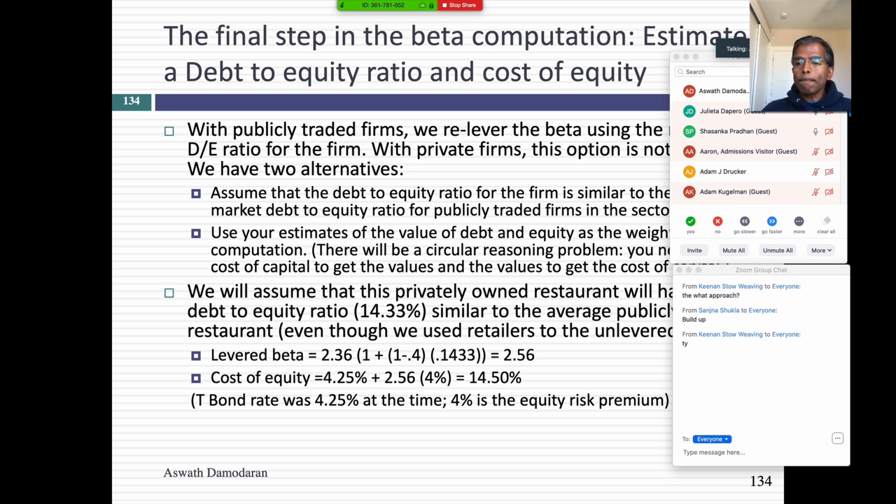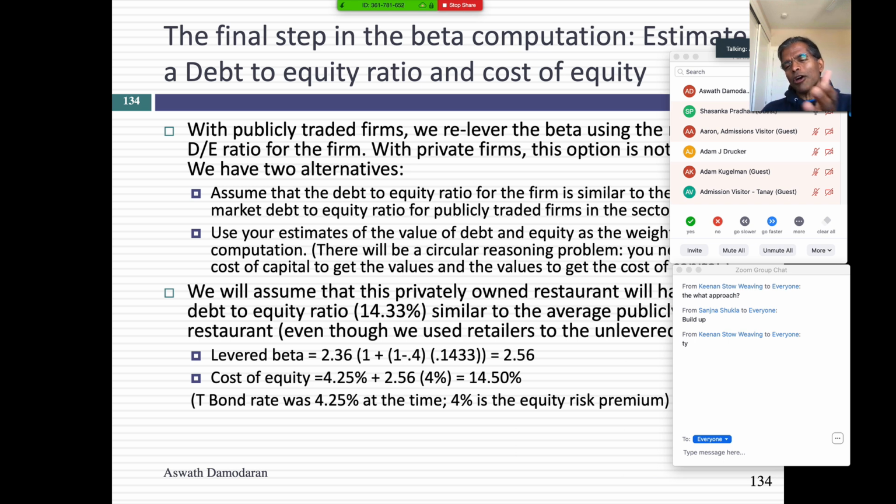Julieta? Yeah, I have another question. So you're using the unlevered beta of the high-end retail, but then you're using the debt to equity of the restaurant? Yeah, because I'm making two different arguments, right? When I'm talking about unlevered beta, I'm talking about how discretionary is your product or service, and I'm going to go to the unlevered beta of retailers for that.